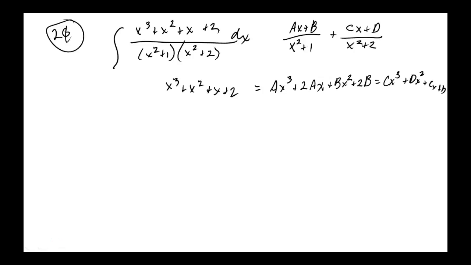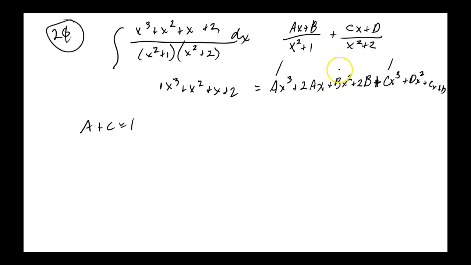Okay, so let's get our cubes together. So a plus c is equal to 1, because the coefficients of x cubed have to match that coefficient, which is 1. So that's one equation.